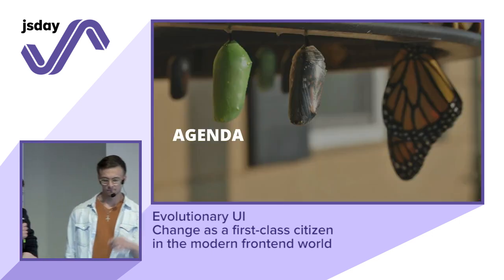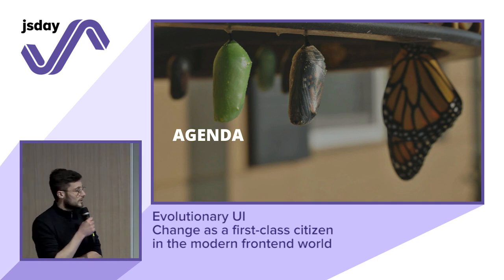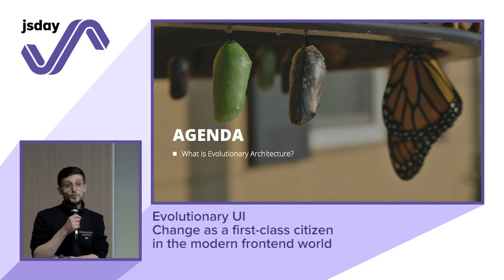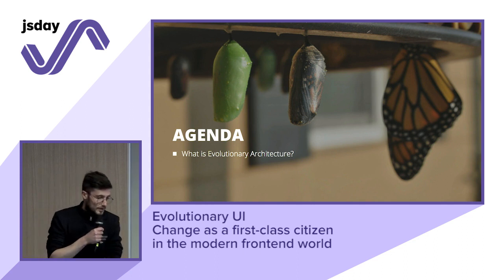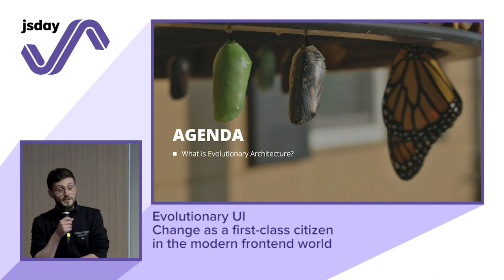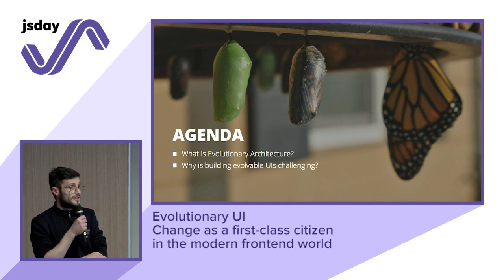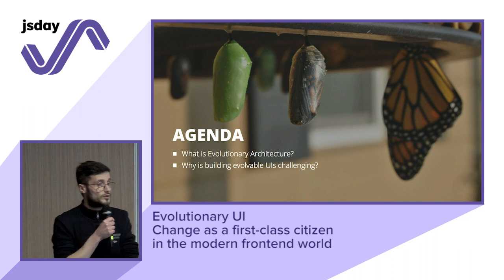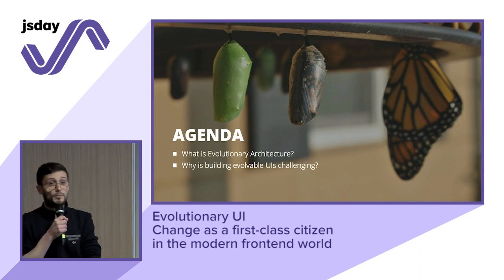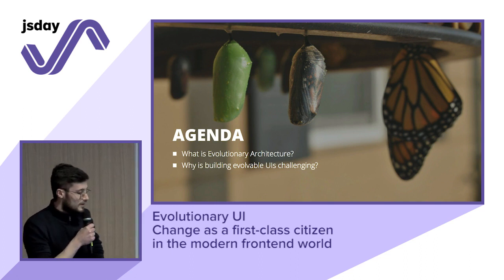So, today is gonna go like that. First, Rufus will give you an overview of what we mean by evolutionary architecture. And then we will present you a set of challenges that you will be likely to face when you want to build a UI that supports constant change.